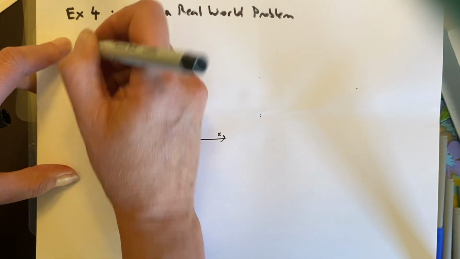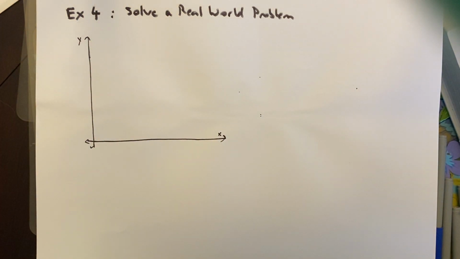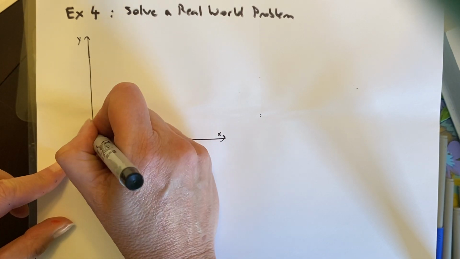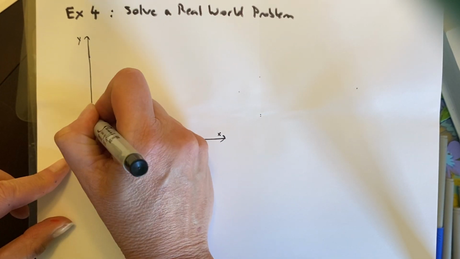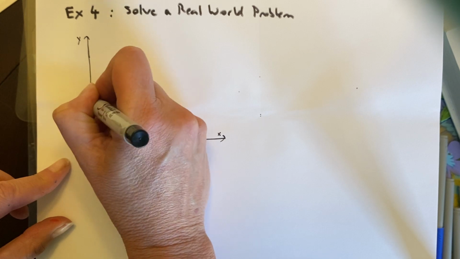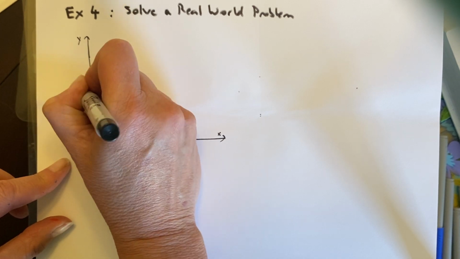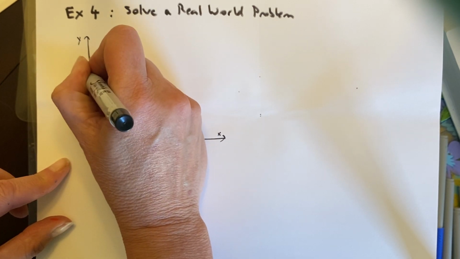X and Y. And I am told that the White House, which is known as point A, is at point 0.18, it looks like.